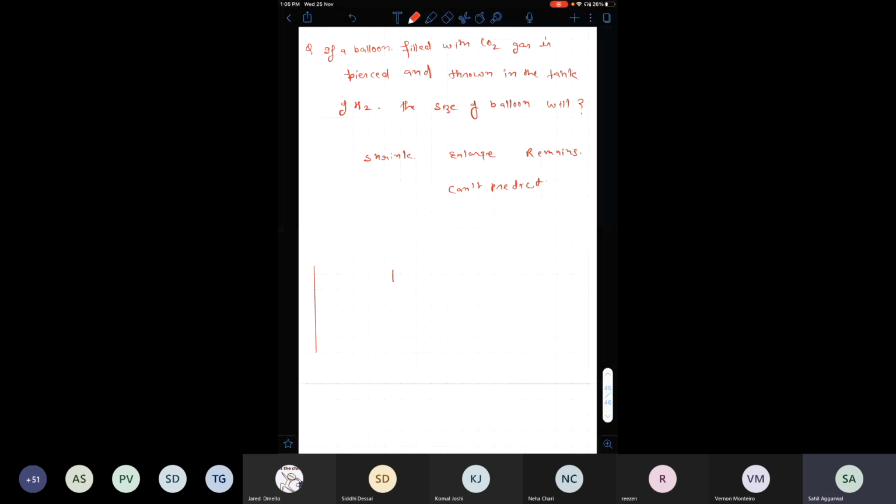If we have a tank of H2, and we have a balloon of CO2, then you pierced it. यहाँ पर आपने इसमें छेद कर दिया, तो CO2 will try to come out, and H2 will try to go in.